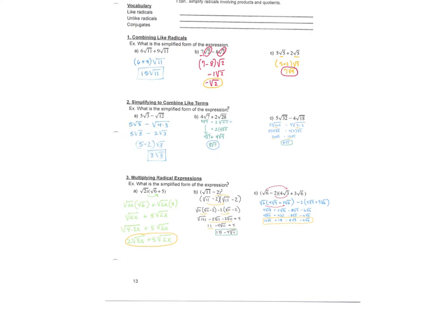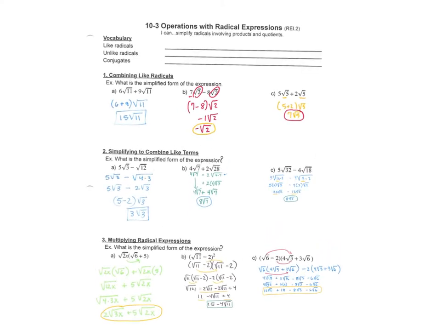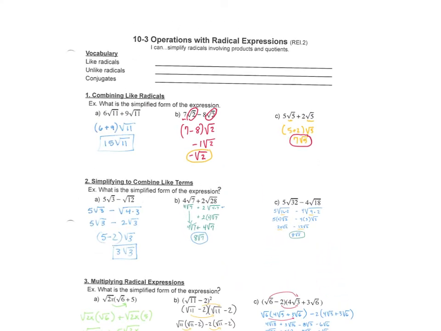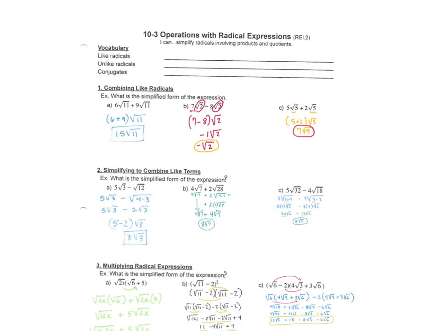We're bringing it down to the lowest radicals. Again, like radicals are the same things in the square root, and unlike radicals do not have them. Conjugates are just the opposite sign binomials. As we continue with these, we're just again using the properties of real numbers as we continue on.